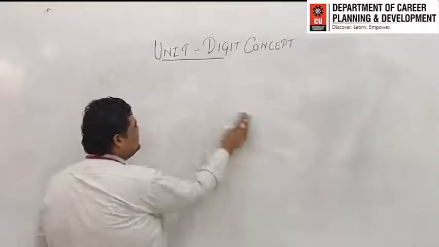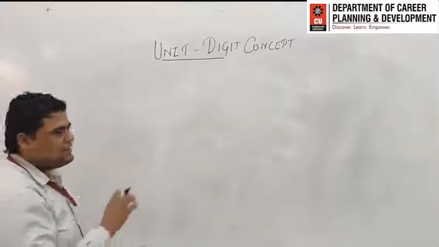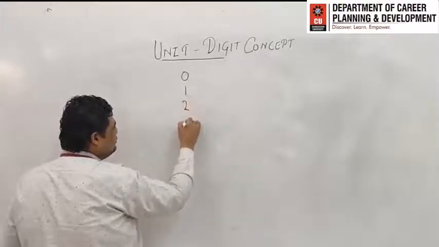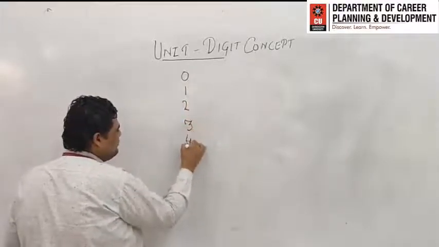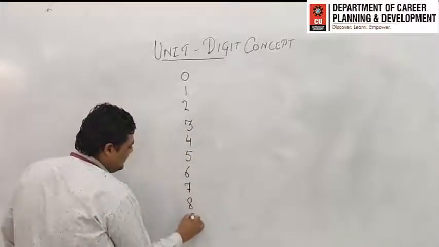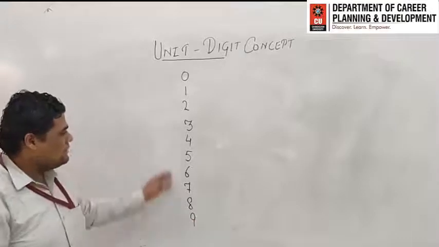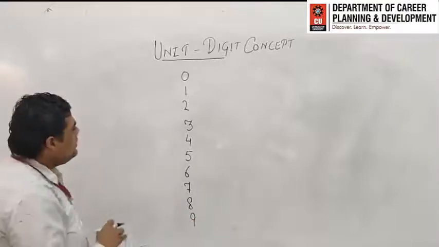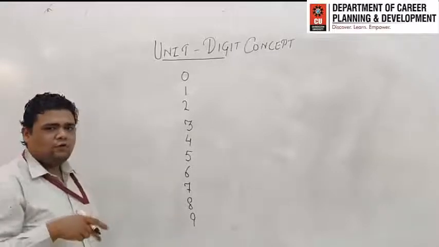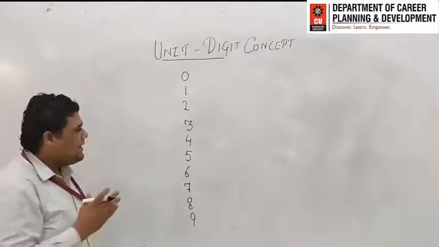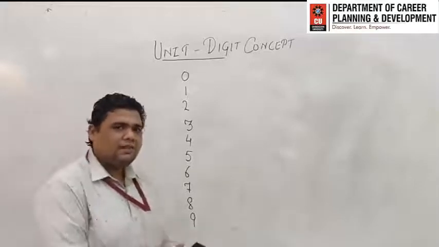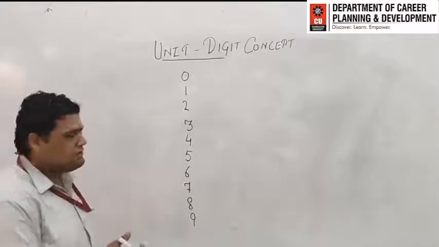So let's see all the unit places. Let us start with 0, 1, 2, 3, 4, 5, 6, 7, 8 and 9. These are all the possible unit places that we have got. Now, there will be a cycle of 2, a cycle of 4, and cases where the unit place will remain the same.